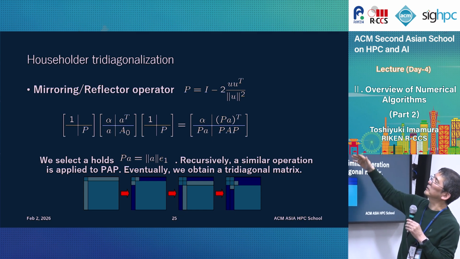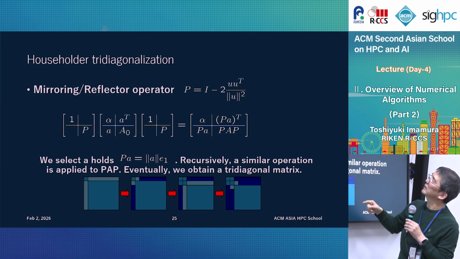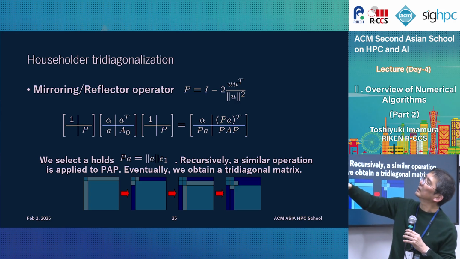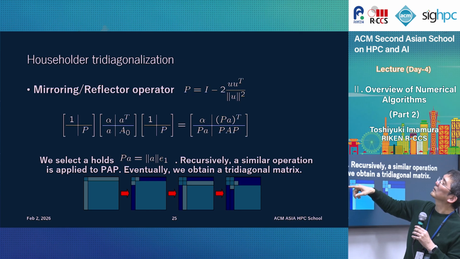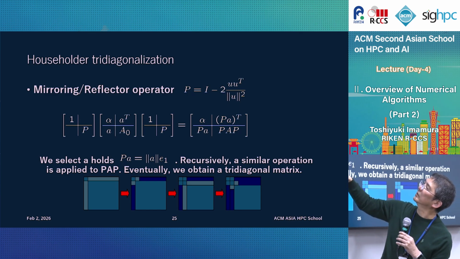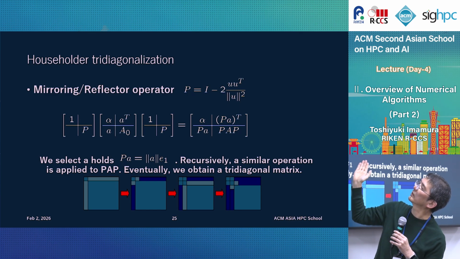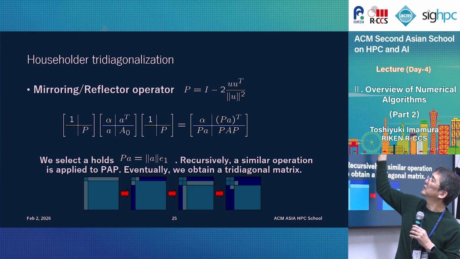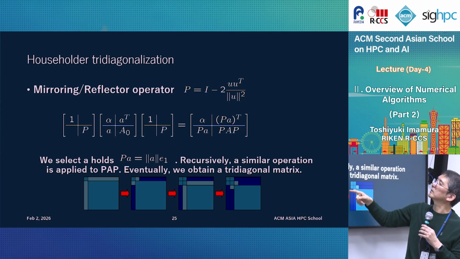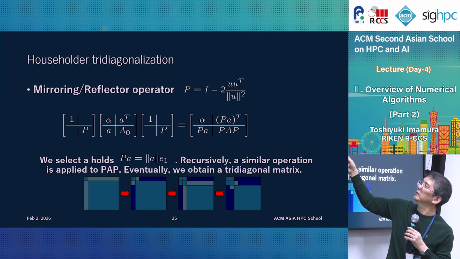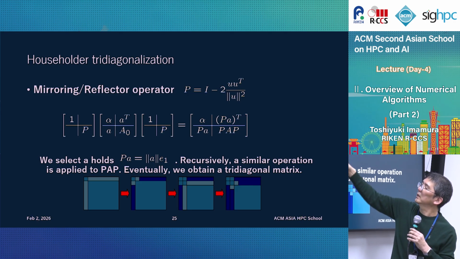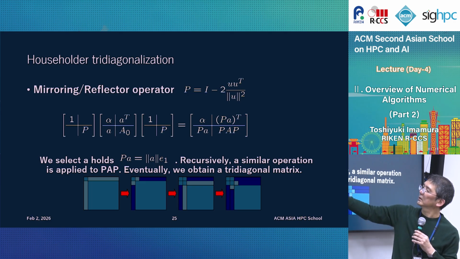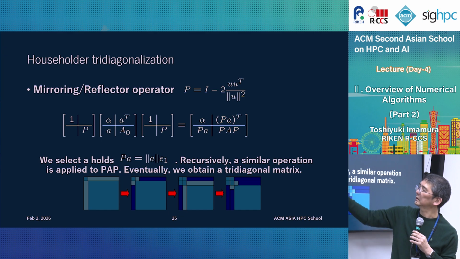So just appropriately select the other vector u. We can convert the original matrix A into this format. Now PA has only one non-zero element.